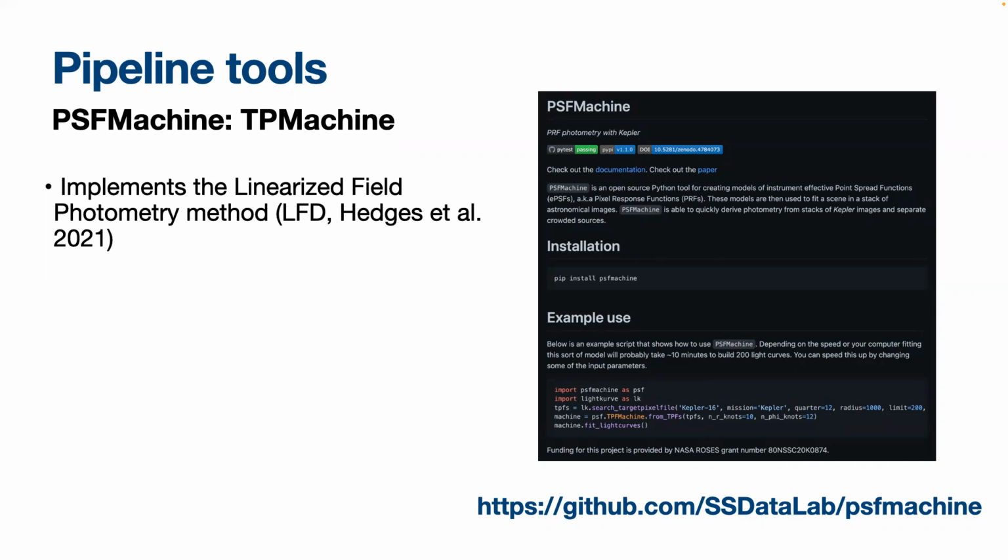You can go to our GitHub and use the package. It works very well with Kepler data. It works fairly well with K2 data. It will do it better in the future. And it will work also with TESS. But ideally, the method can be extrapolated to any kind of data where you have flux information, coordinates, and an input catalog.